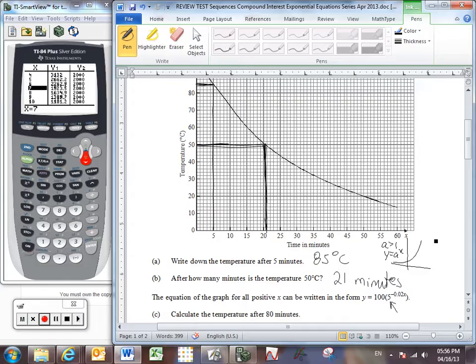And that decay occurred when your a value is in between 0 and 1 in the function a to the power of x. That means that we're multiplying by a fraction each time, and it's getting smaller and smaller. And what I had said is true. What's happening here is that what would normally be a growth function has flipped over, and due to this reflection, the negative value has changed the growth function into a decay function.